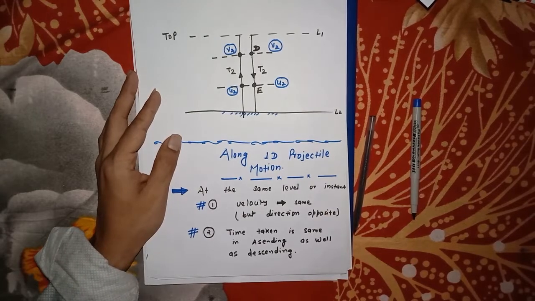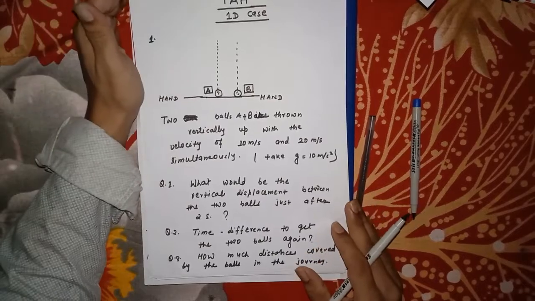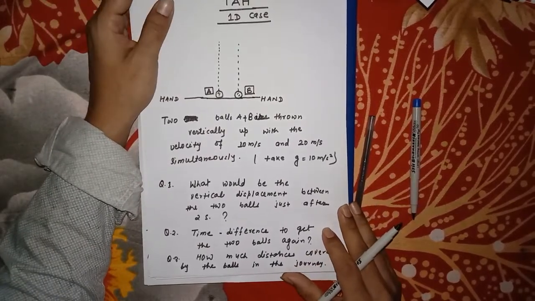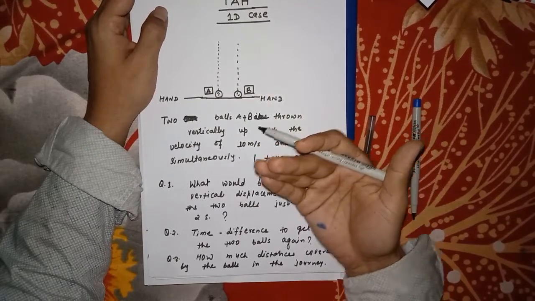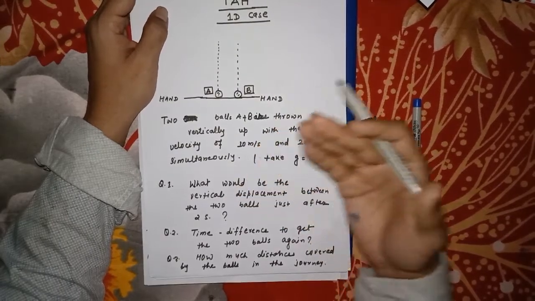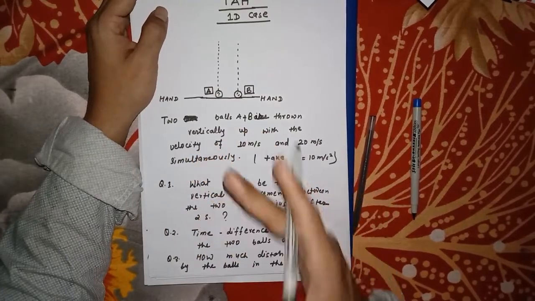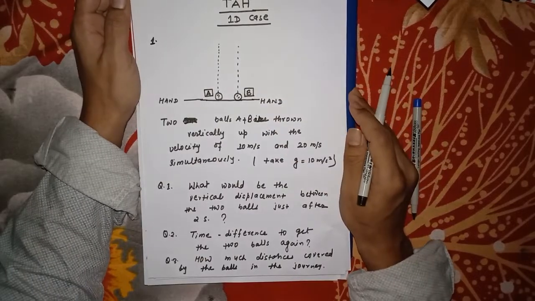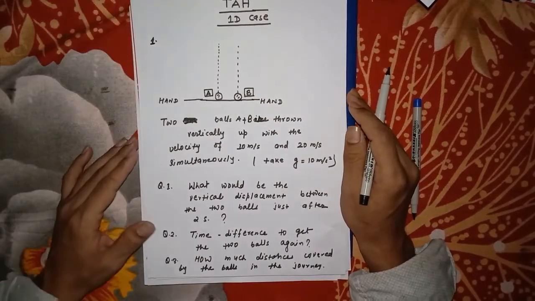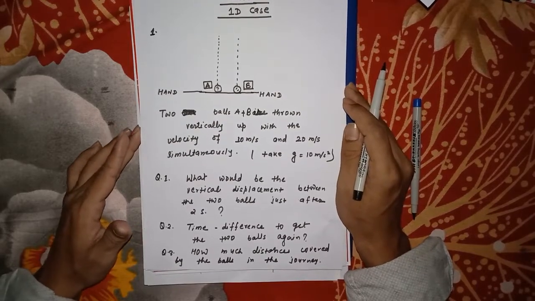I am giving you some try-at-home problems. You have to solve them because it is easier for you. You have to apply the equations of motion, and also the conclusion you have already studied in this lecture. So here is the problem. You can write it and try it at your home.